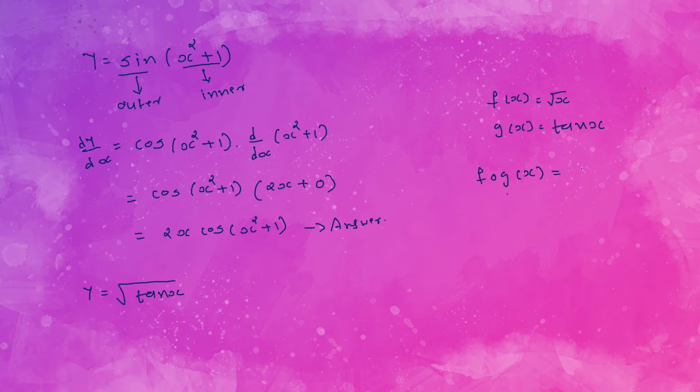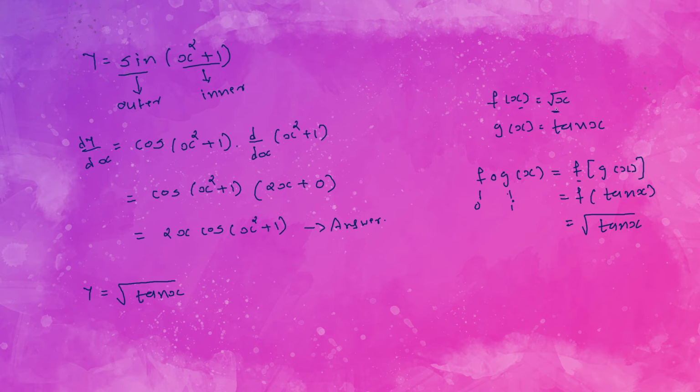So f of g of x is nothing but f of gx, so that is equal to f of 10x, and the definition of f says whatever is inserted, it will give output as the square root of the input. So right now 10x is inserted here, so output will be square root of 10x, right, which is our function. So f is the outer function and g is the inner function.